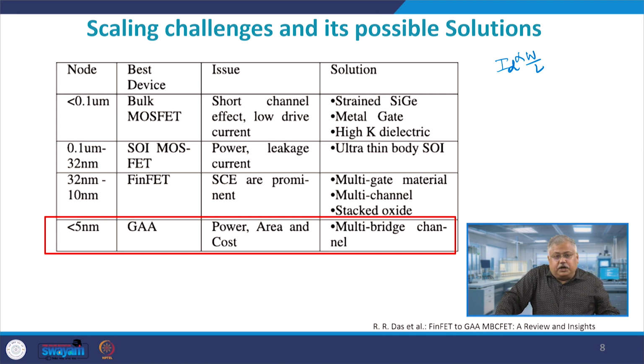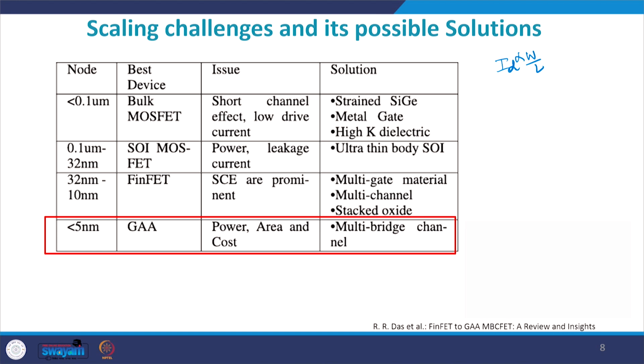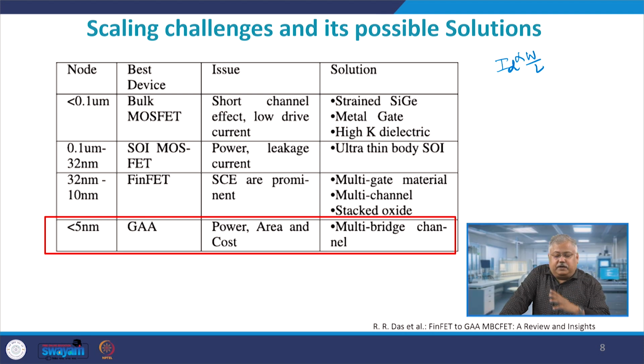Then when you go to the 32 to 10 nanometer range, which is quite low, the channel dimensions are very small, and the device which gives very good performance is the FinFET. Short channel effects are prominent, obviously, because you have reduced the channel dimensions to a small value, but the solution for them is to have a multi-gate structure, right.